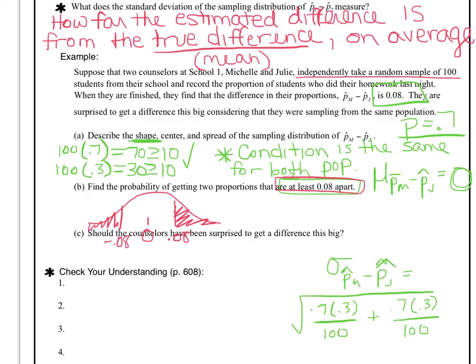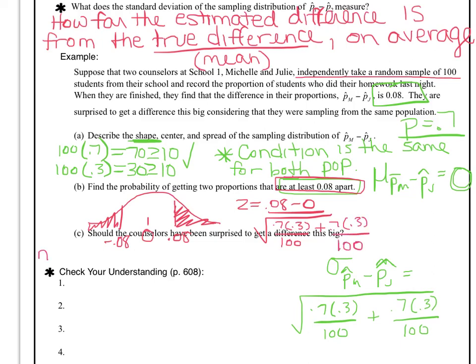Okay, I know this is normal, so I can use normal CDF. I want to find my z-score. 0.08 minus 0 over my standard deviation, the square root of 0.7 times 0.3 over 100 plus 0.7 times 0.3 over 100. That gives me a z-score.